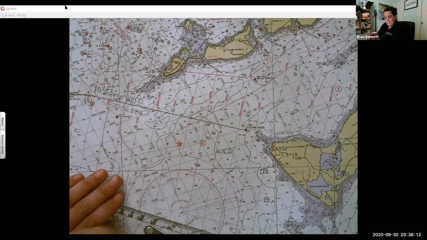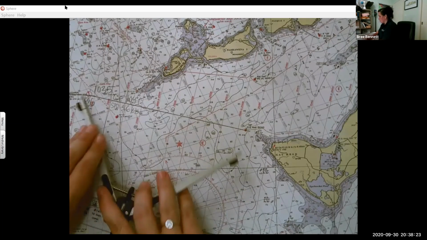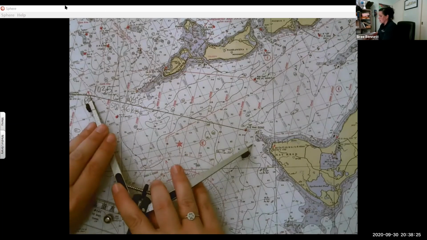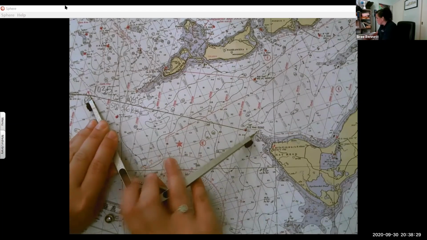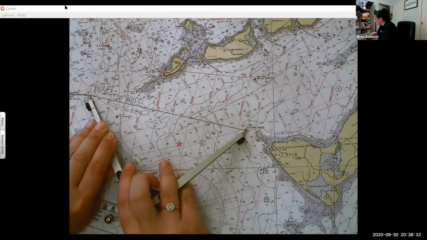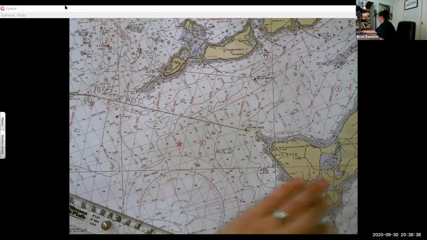What is the distance of this new leg? Okay, so let's see. I don't think we're going to be able to reach. Oh, no, we are. Okay. So one end of the divider is on the buoy, and then we can go to the side. Oh, I'm zoomed in so you can't see my side.